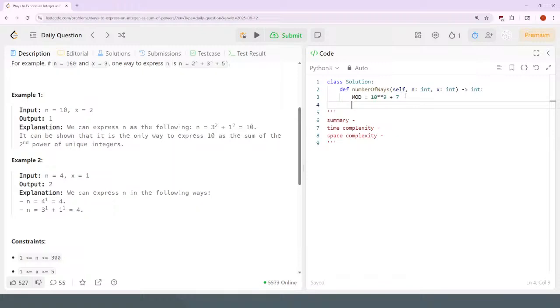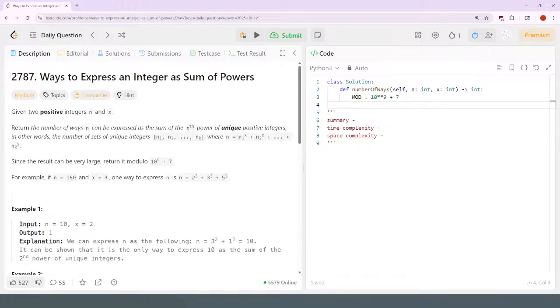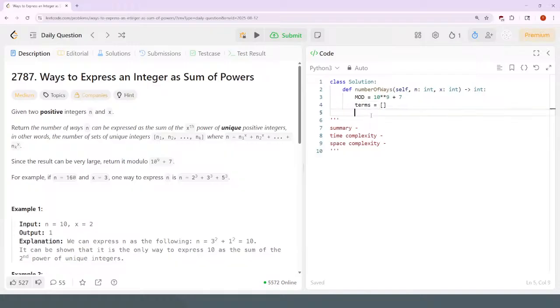I think I'm going to start by creating all the possible exponential values that could be part of the set. I'll call them terms. So the possible terms are 1 to the power of x, and then 2 to the power of x, all the way up to something to the power of x where that thing is too big.